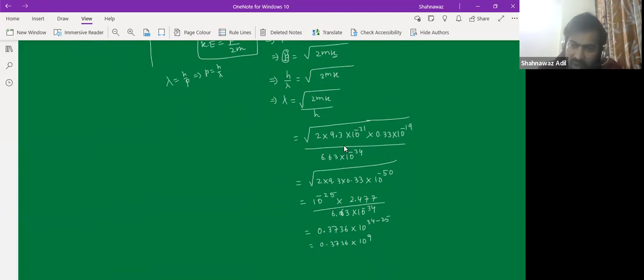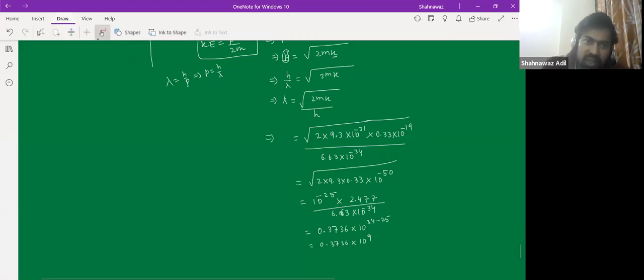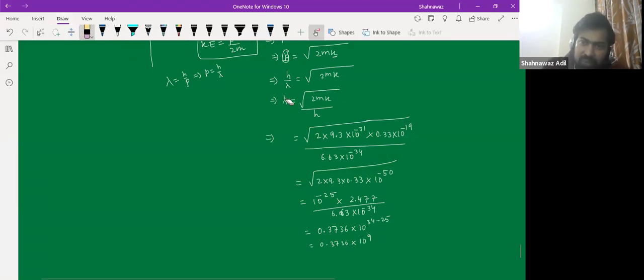Whatever we have got, the answer would be the reciprocal of that. So this is 1 by lambda that we are getting.